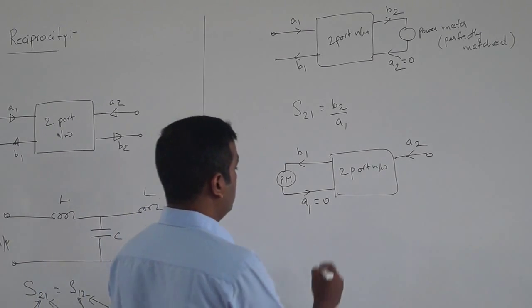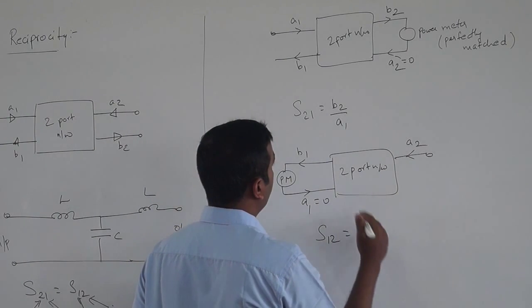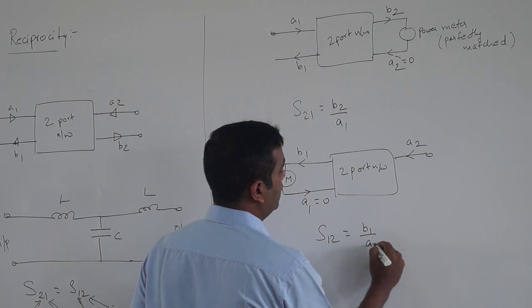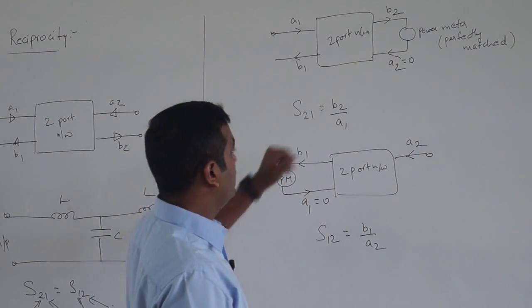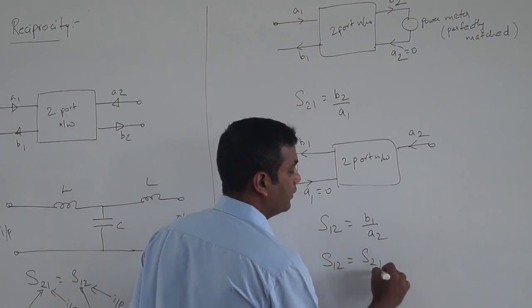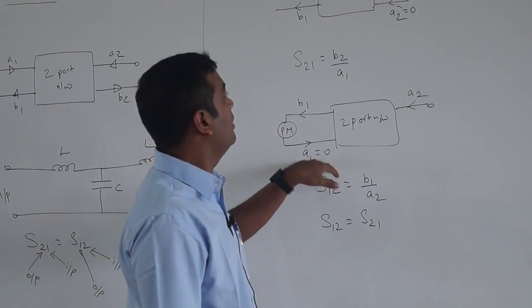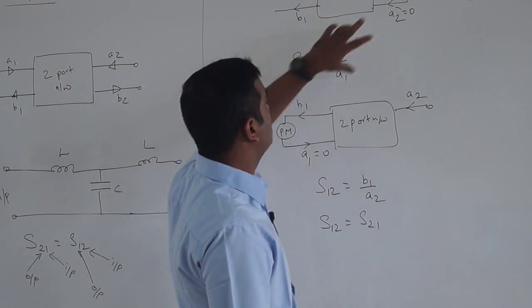If A1 is 0, S12 will be nothing but B1 by A2. Now if you compare both, naturally S12 should be equal to S21 because no signal is being reflected back. The power meter is perfectly matched and absorbs all the signals.